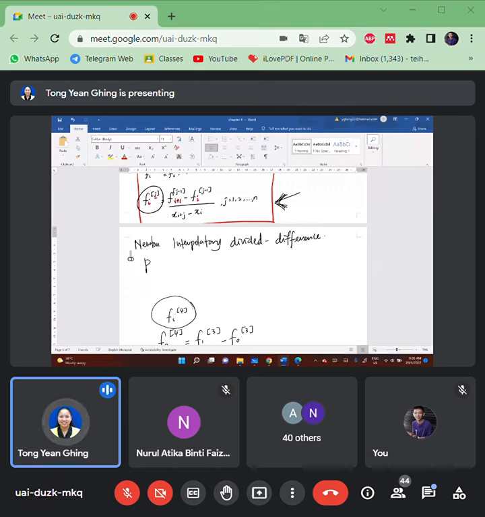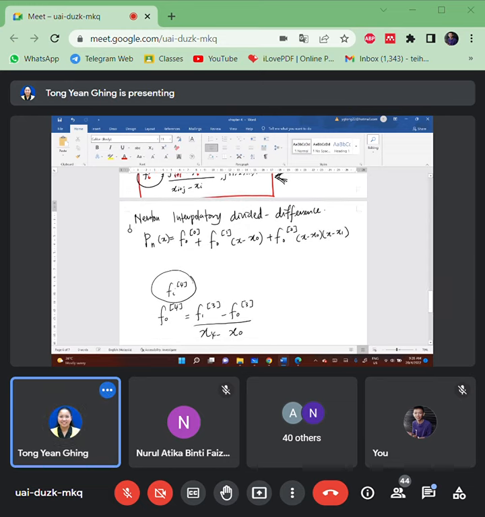The formula is P_n(x) equals F0 0 plus F0 1 divided difference times (x minus x0), plus F0 second divided difference times (x minus x0)(x minus x1), plus more depending on n, until the term with (x minus x0)(x minus x1) up to (x minus x_{n-1}).